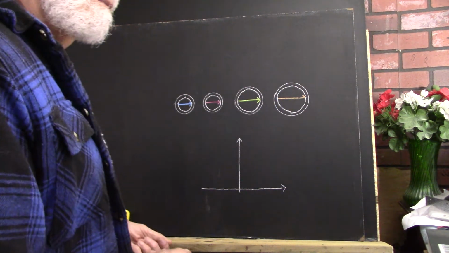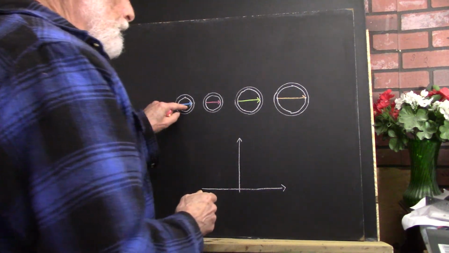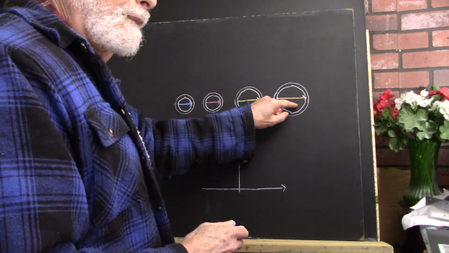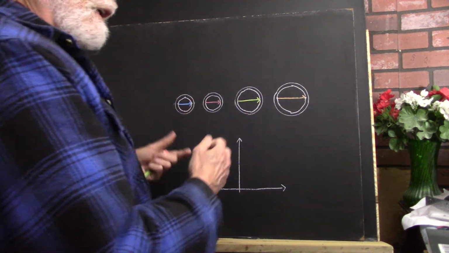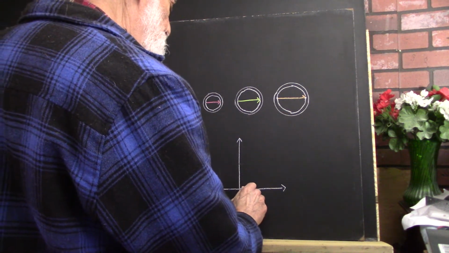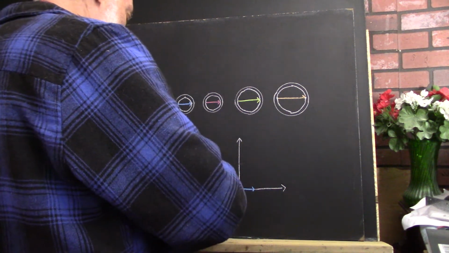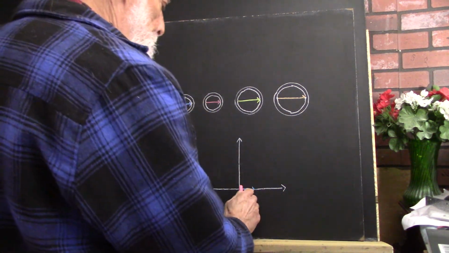Now if I make a graph, if I take each of these diameters as my x coordinates, then I'll have something that looks like this.